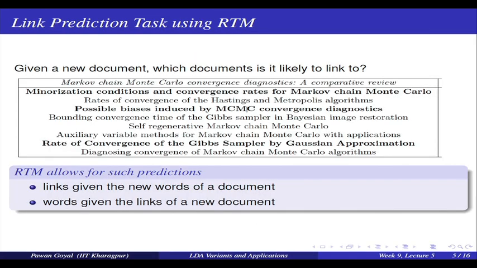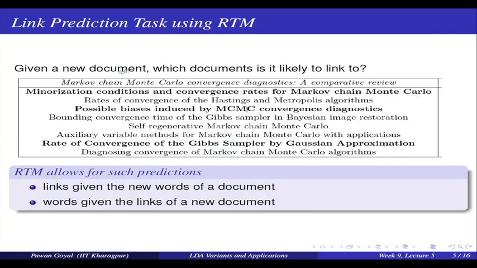So, how is it actually used? What are the examples? Something like this. Suppose I have a paper, Markov chain Monte Carlo convergence diagnostics, a comparative review. And I want to find out what are the other papers it will link to, or I can say, okay, suppose I am reading this paper, what are the other papers that are relevant to it, like a recommendation problem. So, I can use this idea, what are the other papers that it will link to, with my RTM model.